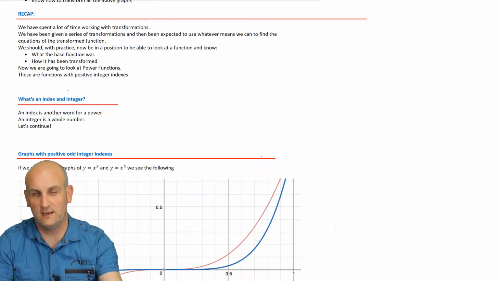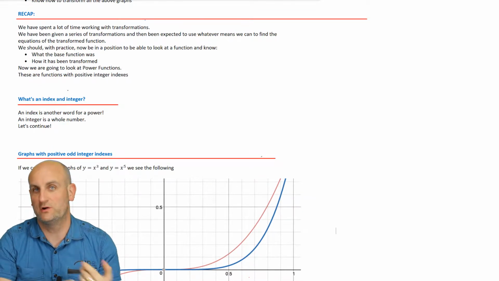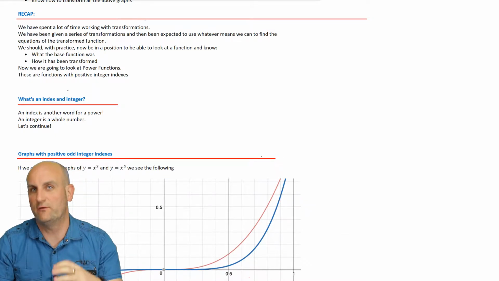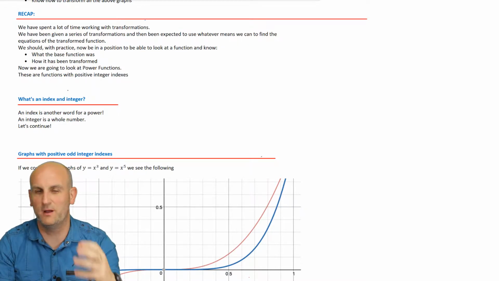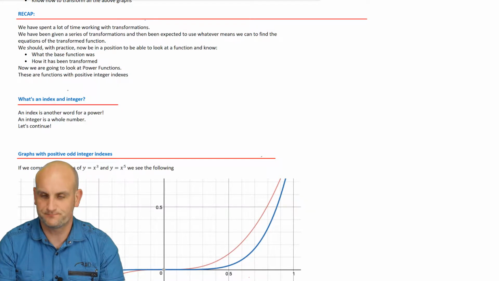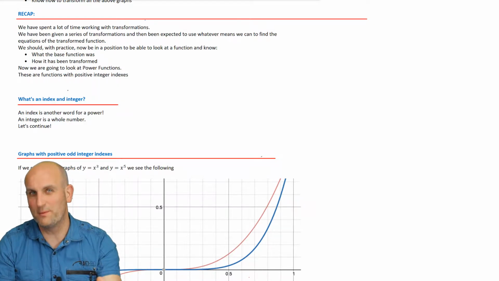So literally what we've been dealing with in previous videos, and if you haven't been watching the previous videos, where have you been? We have very much been looking at transformations, dilations, reflections, and translations of all sorts of different functions. We've looked at how to build them up from basic hyperbolas, truncuses, square root graphs, parabolas and cubics to more complicated functions.